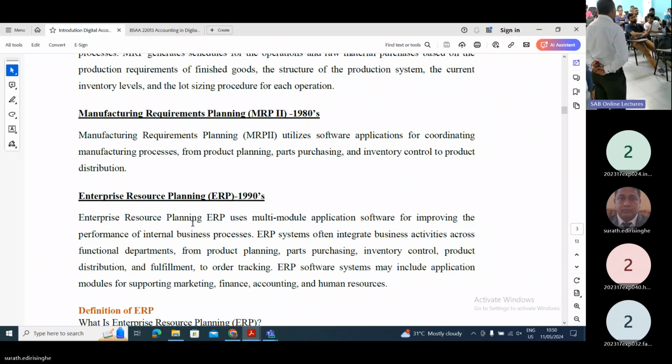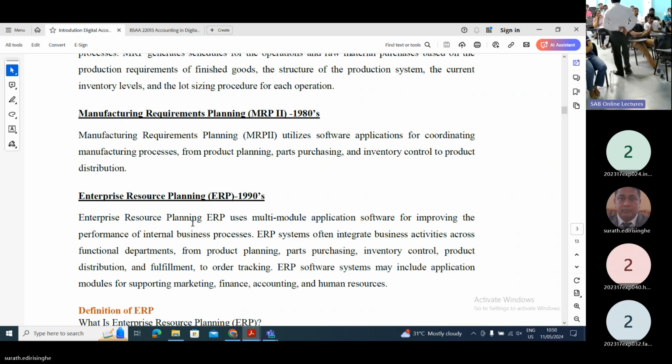Automation of the manufacturing process, not the production process. Production is producing the item. Manufacturing is from beginning to end: from product planning, part purchasing, inventory control, to product distribution. This is the end result, distribution of the product to our industry.